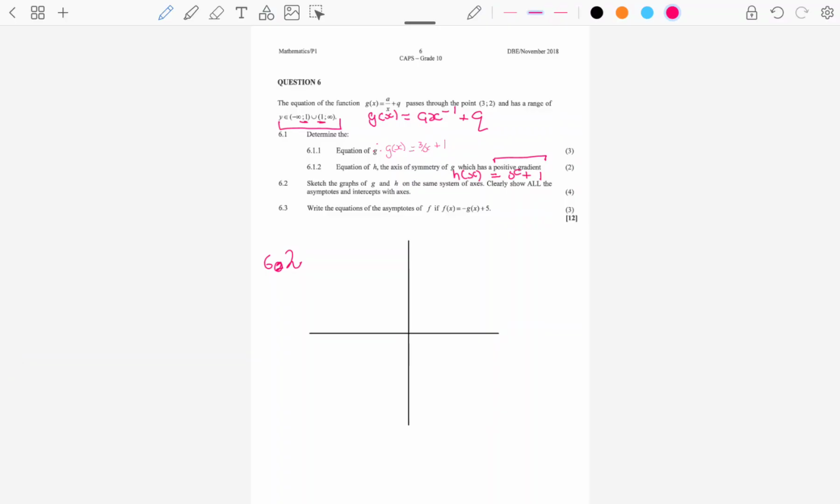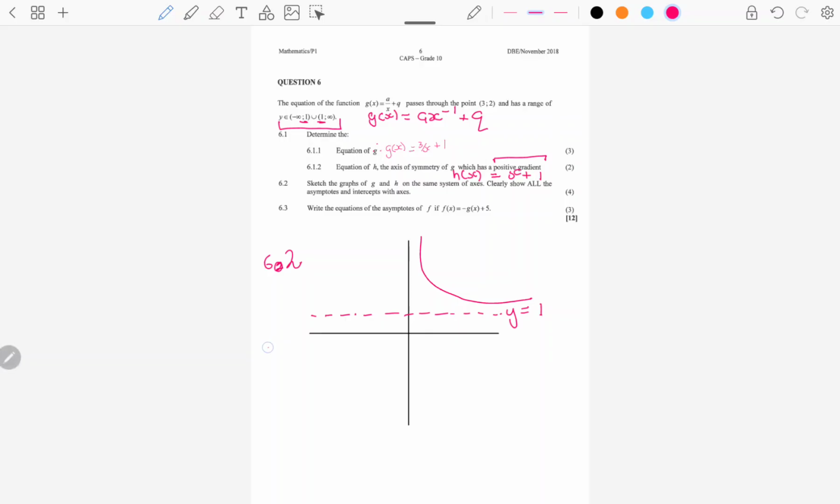We know our asymptote is y is equal to 1, so we'll go somewhere like this. We need to calculate our x-intercept.